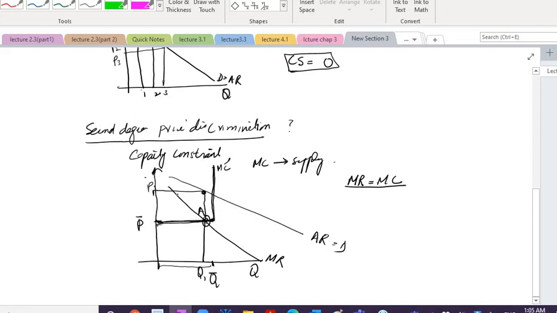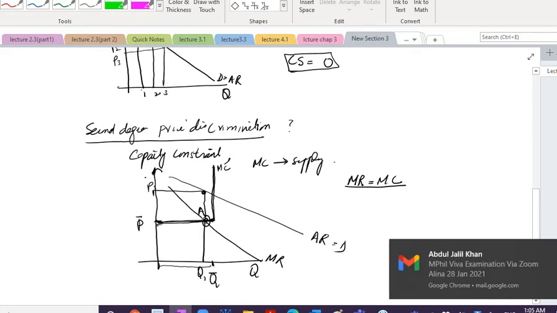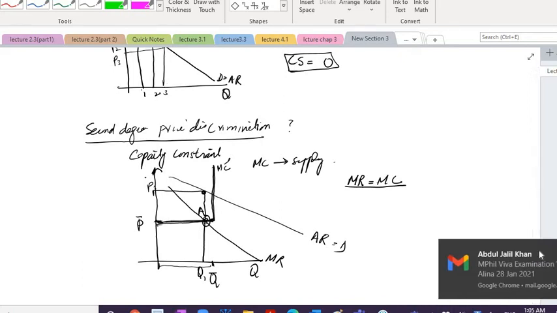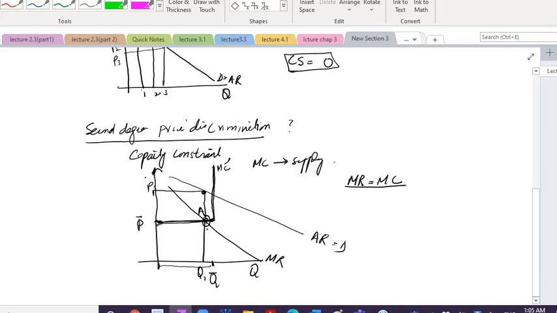But what is happening at this conventional equilibrium condition is that the firm is not reaching its capacity. The firm still has excess capacity by this much. In order to sell this excess capacity, the firm will have to reduce its price such that the whole capacity of the firm is sold out.